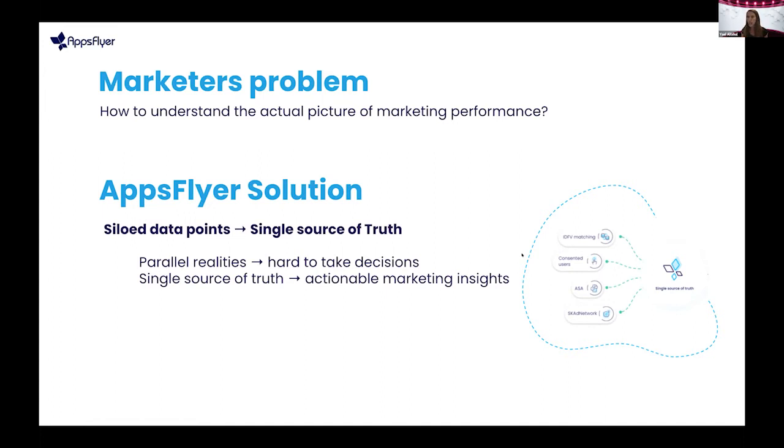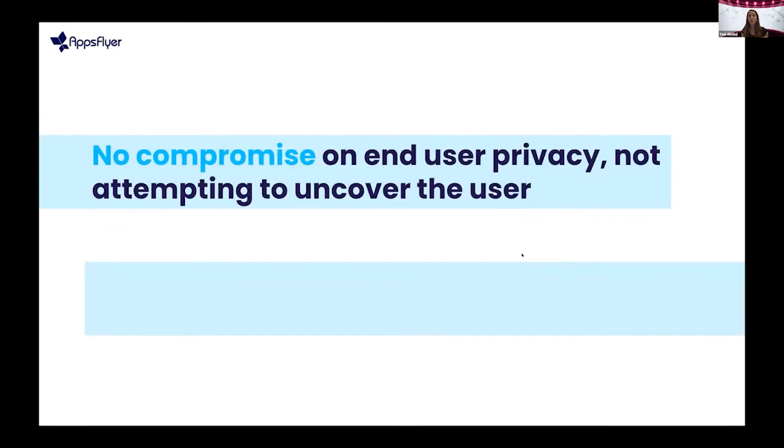But wait, don't we harm the end user privacy? Absolutely not. All of SKAdNetwork protection layers are still there in order to make sure that the end user privacy is not being harmed and that the user is still anonymous.